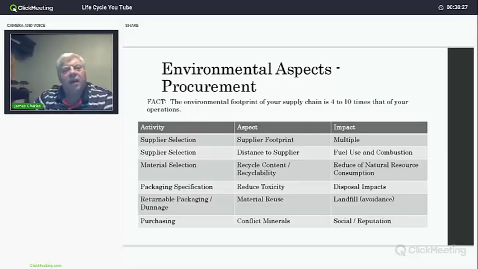So we want to deal with suppliers that are dependable, low cost, stable, and hopefully have a minimal environmental footprint. And anything that you do to encourage companies to be more responsible. So let's say that we expect our key suppliers to have a quality certification.